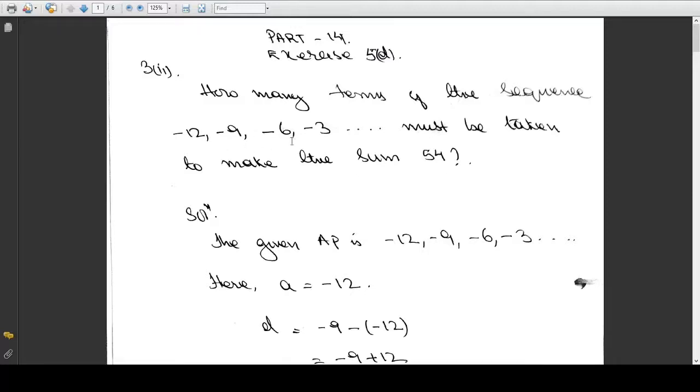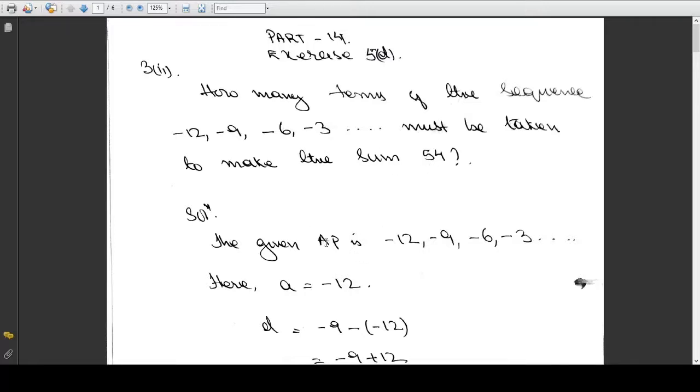The sum of all these terms is 54, but how many terms do you have to take so that the sum should be 54? We have the first term, second term, third term, fourth term, plus the fifth term, plus the sixth term, plus the seventh term, and so on.